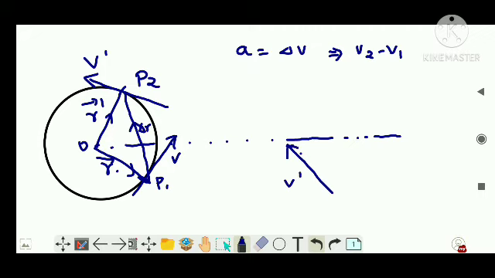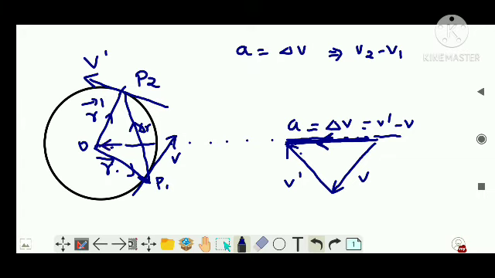This is V dash. And what is the V direction? Minus V direction, so it will be in the opposite direction, right? Along this line I will darken it. This is our resultant delta V, which is V dash minus V, and delta V is the acceleration. So you exactly got the acceleration towards the center. This is the exact same figure which is there in your textbook.